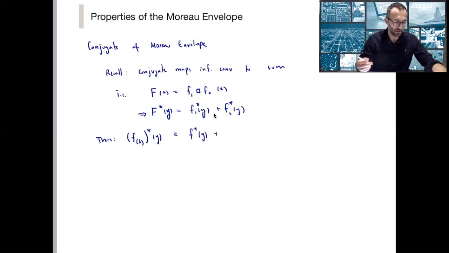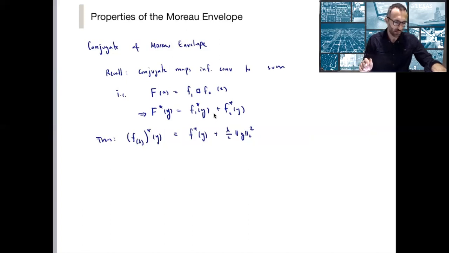You should be able to do this calculation. It's just equal to lambda over 2 of y squared. So in this sense, you can check that the 2 norm is self-conjugate. And remember, we actually derived something more general when we computed the Fenchel transform of a quadratic function.